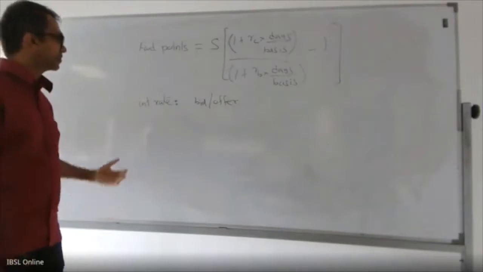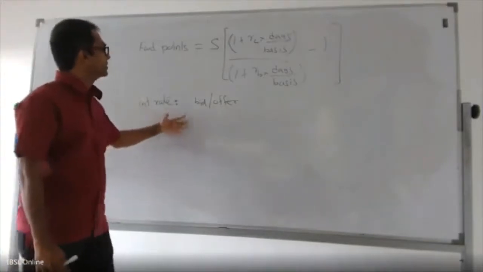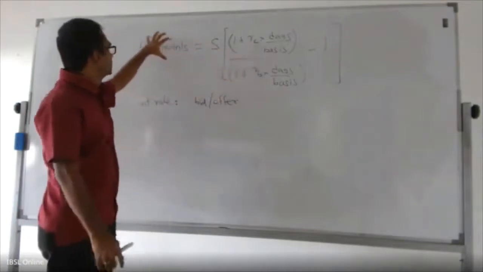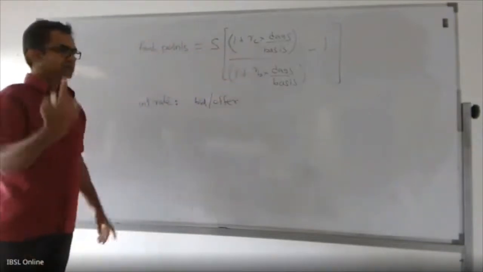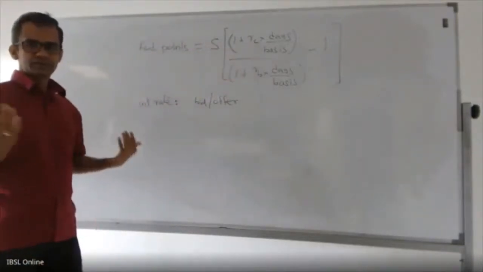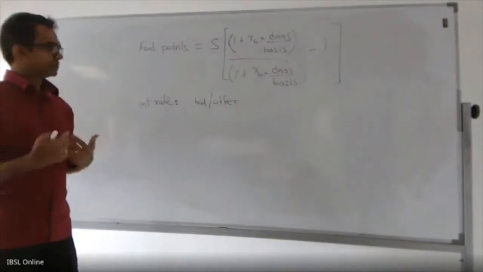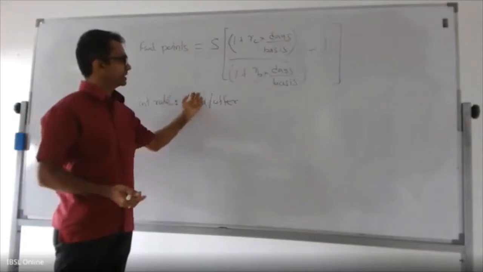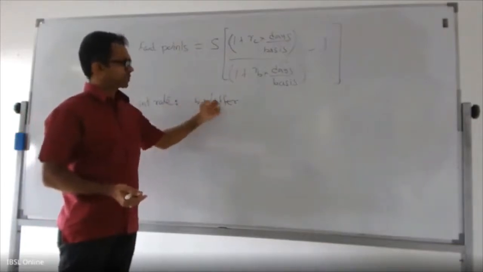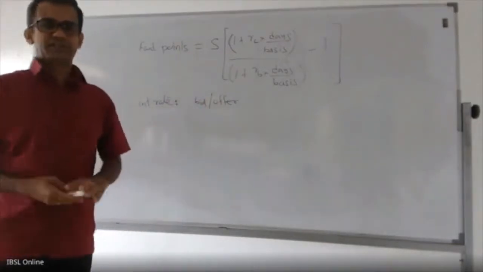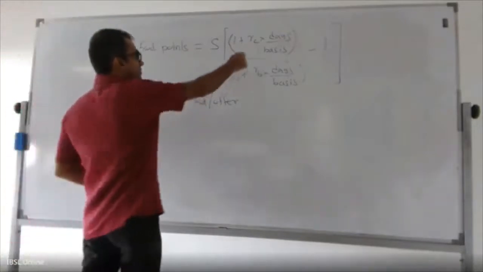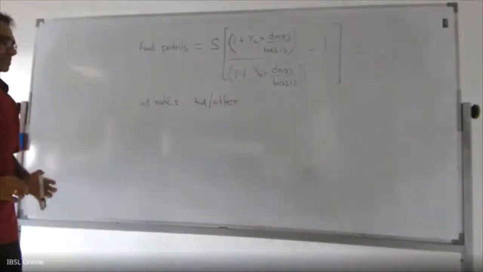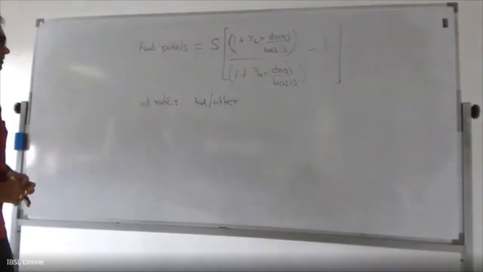Based on that you get a bid point or an offer point. If you use the same rate, you would get only one point. You don't get two swap points. To get two swap points, you have to use different bid and offer interest rates in these places. We discussed that as well.